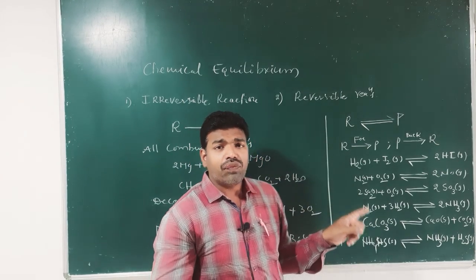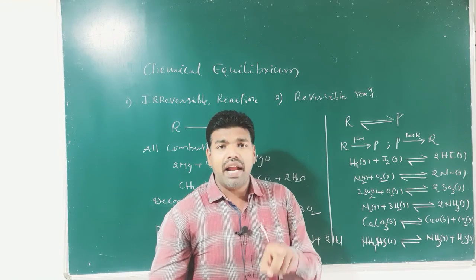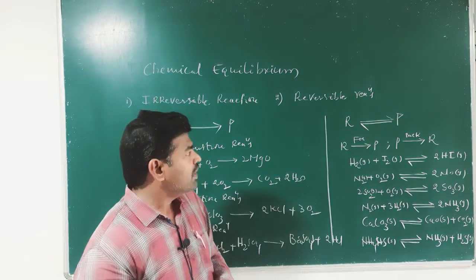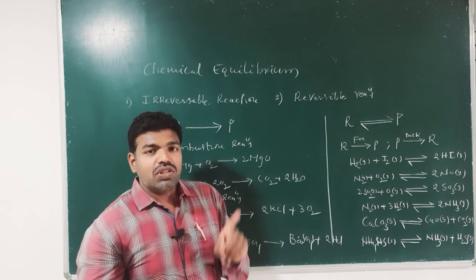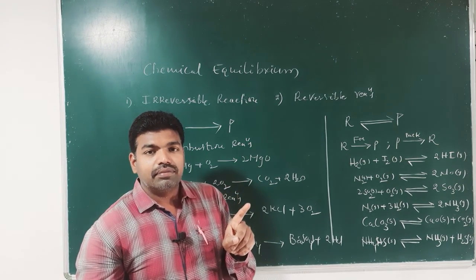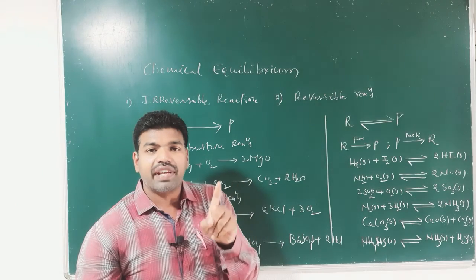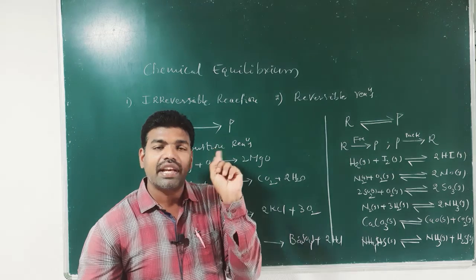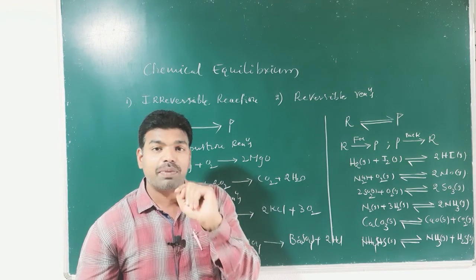Therefore, what we understand from these types of reactions is that, based on the extent of completion, reactions are classified into two types, irreversible reactions and reversible reactions.